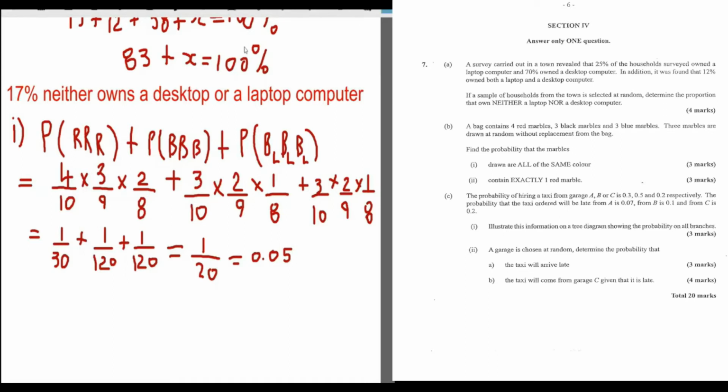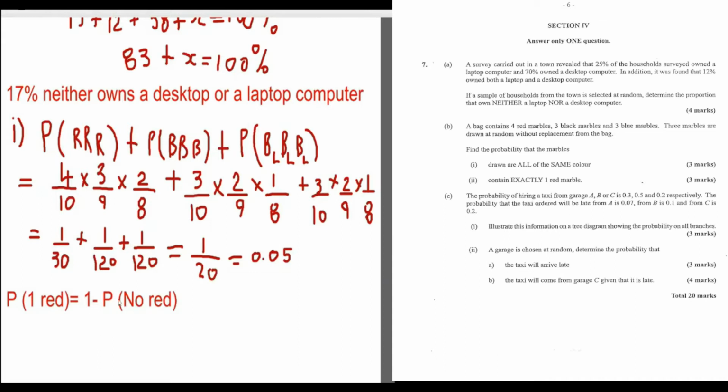So to find the probability of getting exactly 1 red, the probability of getting 1 red is equal to 1 minus the probability of no red. That's one way you can do it.